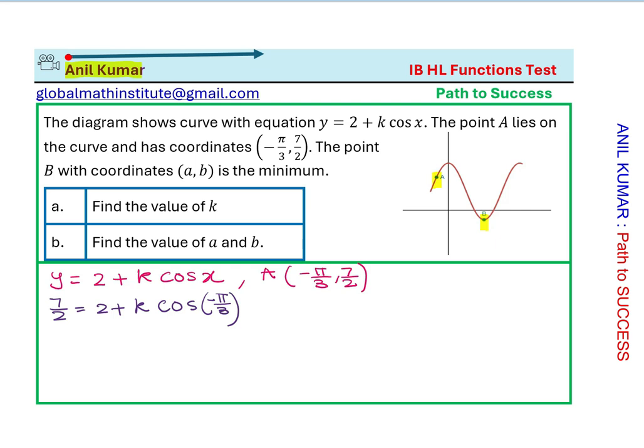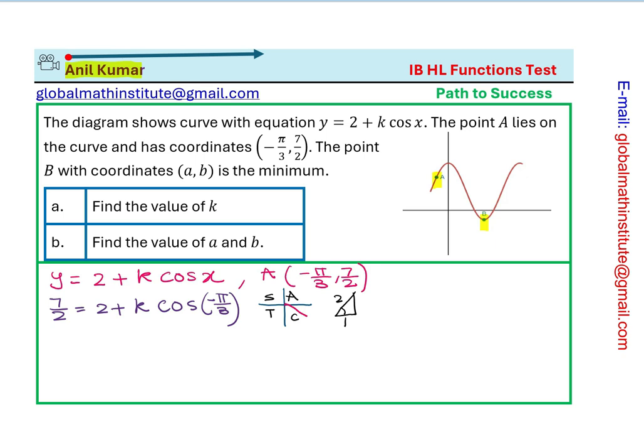Right, so minus pi by 3 means we are in which quadrant? We are in quadrant 4. And if you apply the cos rule, we know it is going to be positive, correct? Also, for pi by 3, you can make a right triangle, and this angle is pi by 3 with cos value of half.